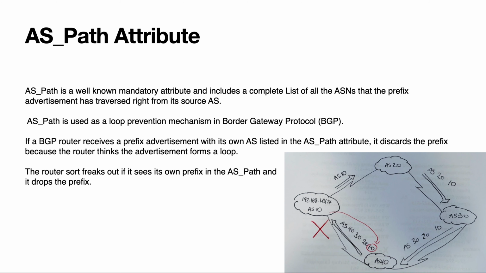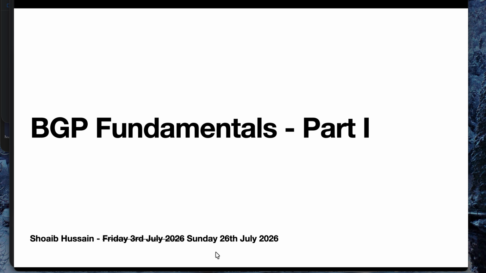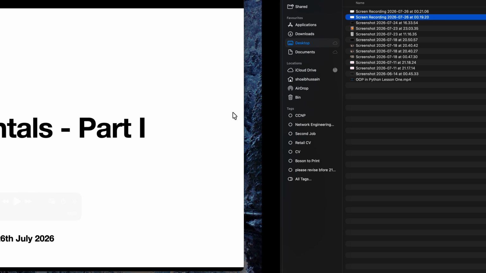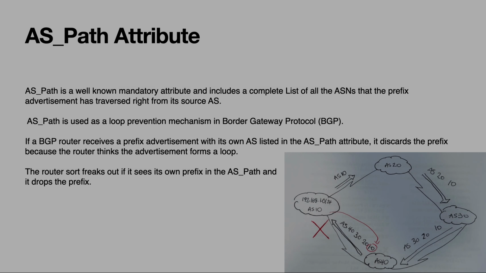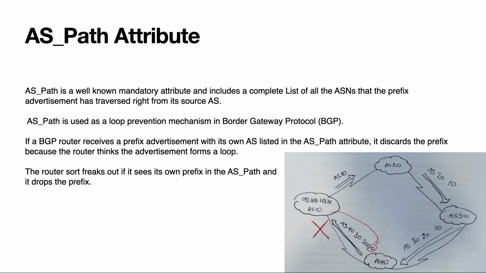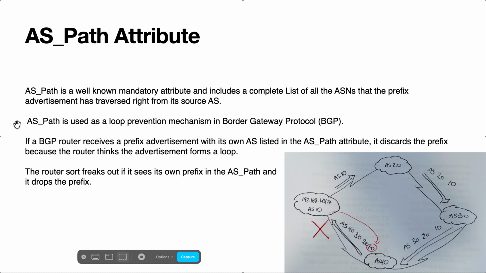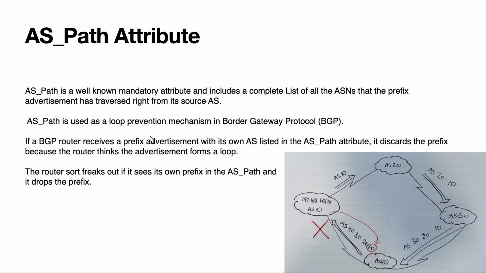Okay, so for example, if you can see, sorry, let me go back into the presentation. So here you've got the loop prevention mechanism in BGP. I was talking about loop prevention. This is a prefix advertisement.